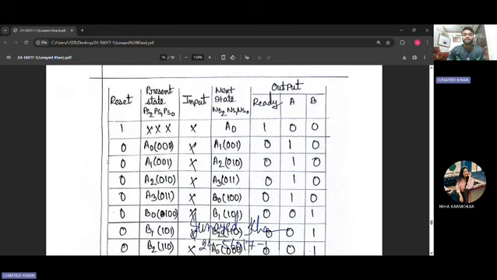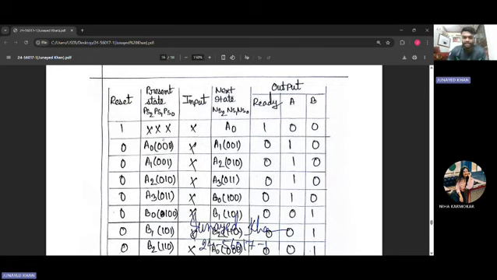After the system is running, we don't have to check the reset. Then we continue further with present state and input. Also we don't have to bother about the input, because it will be don't care, because the whole system is ongoing, in process. Then the next state will be A0.